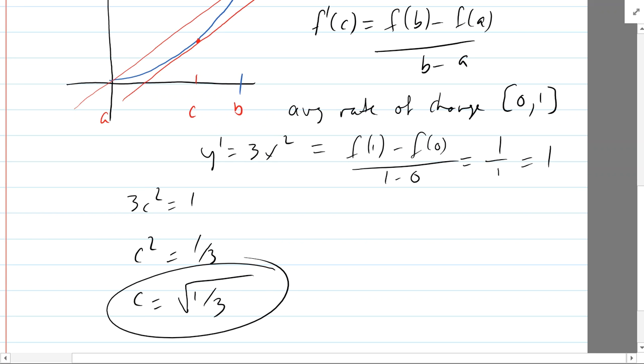Slope is derivatives, area is integrals. So when they ask for average rate of change, you're doing a derivative. When they want average value, you're going to do an area, and I'm going to show you why. Okay, suppose we go backwards on this. Same thing. Do we agree that the derivative is 3x squared?